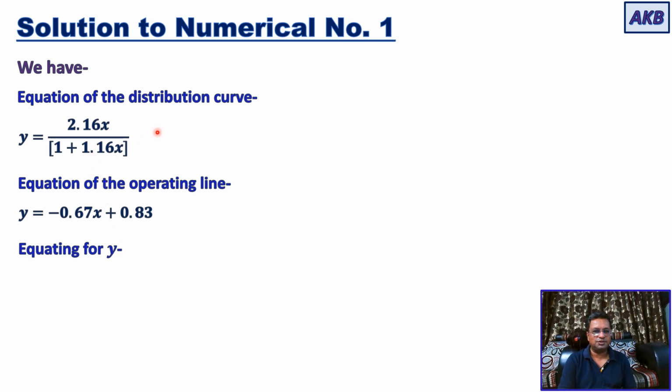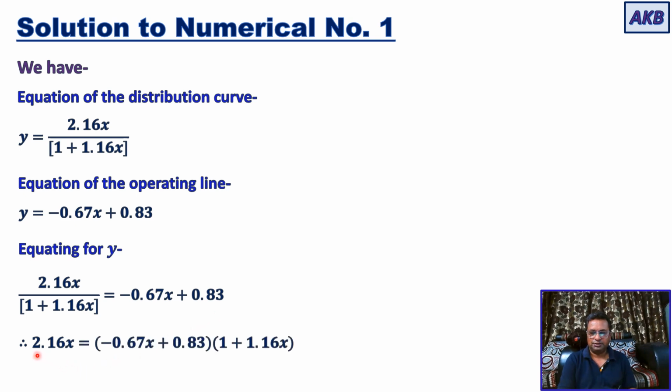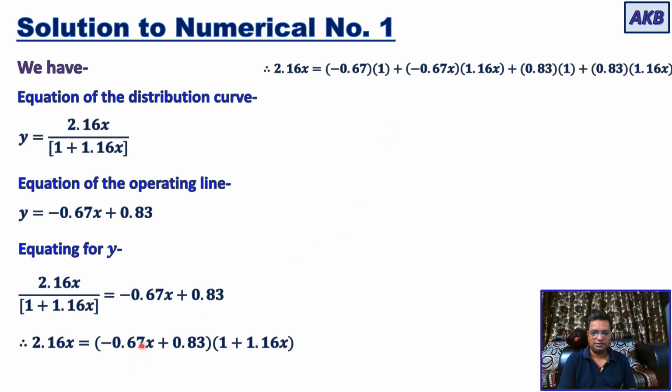This equation gives y, this also gives y, so we will equate the right hand sides of these two equations. So I will have 2.16x divided by 1 plus 1.16x equal to minus 0.67x plus 0.83. I'll simplify it. So this is 2.16x is equal to minus 0.67x plus 0.83 into 1 plus 1.16x. So now we can solve it. We will simplify it.